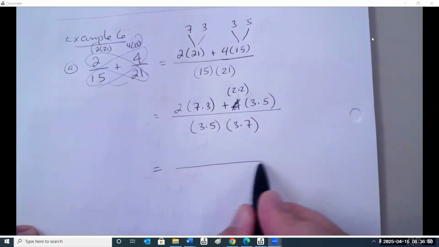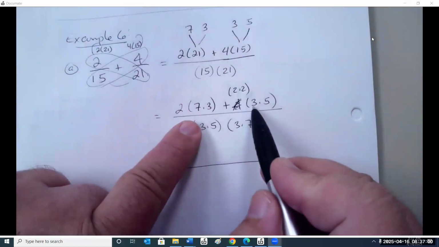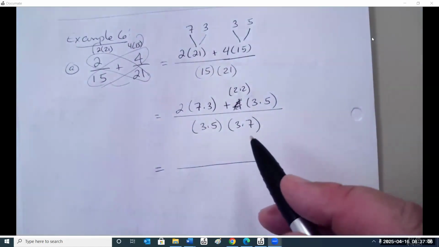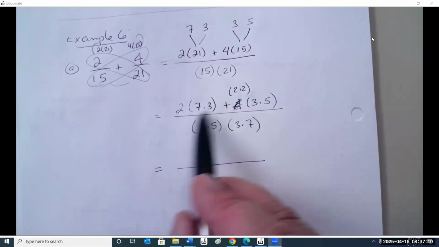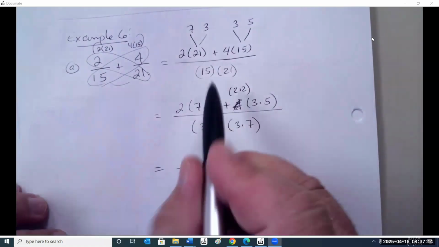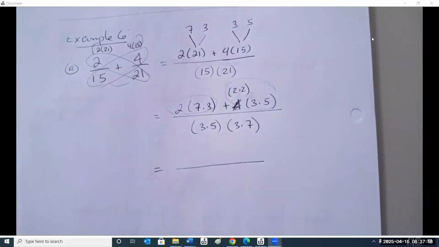Let's factor. What is in common on top? We have 2 terms. What's in common with both of those terms? This one doesn't have 3 times 5. What's the same number in this number and in this number?